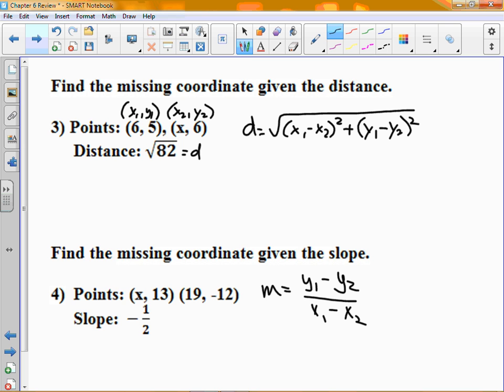You can be given any of them. Area equals 1/2 base times height, that's 3 variables. And I give you any of those and you find the other ones.